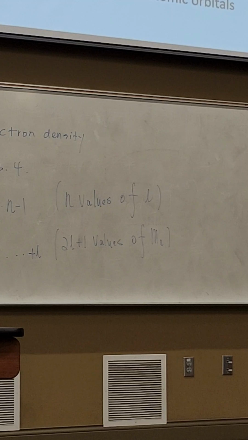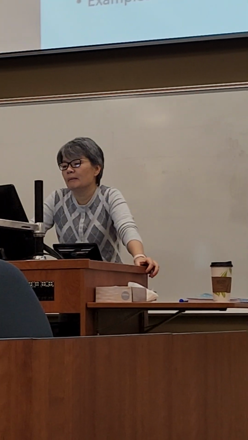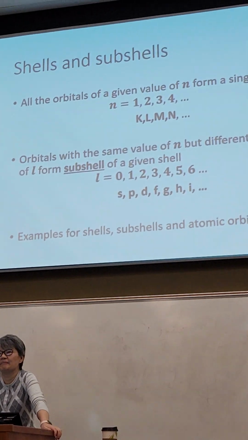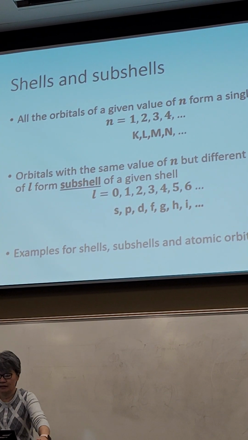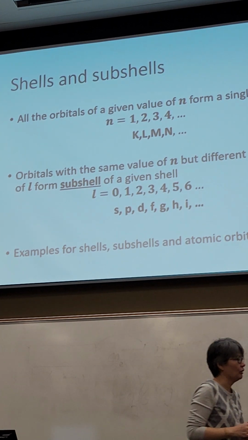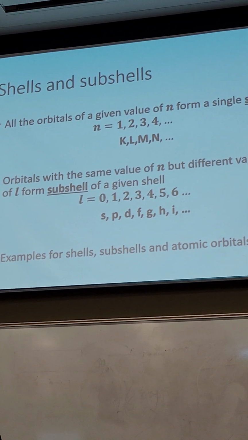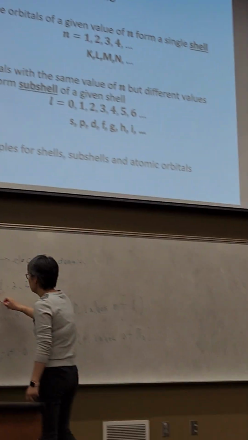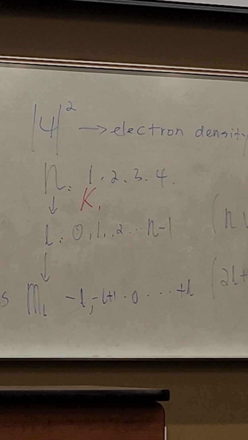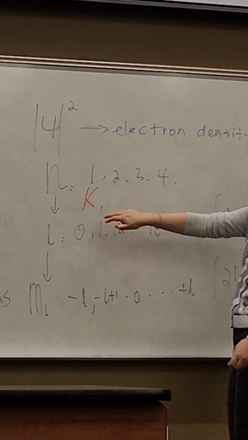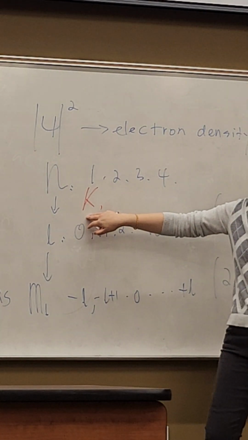Okay, now if we dive into those three quantum numbers, the principal quantum number really gives us the indication of the shell, as I mentioned. You can have an orbital in the K shell, L shell, and M shell. You can refer to it with the number or use the letter, and this needs to be capitalized. When n equals 1, the electron is in the K shell.